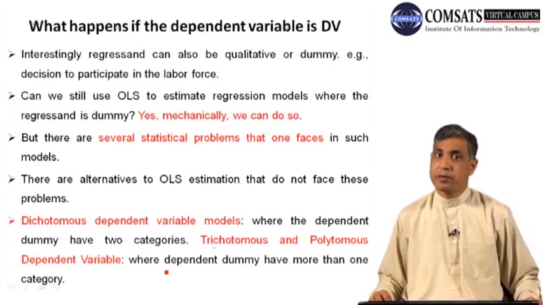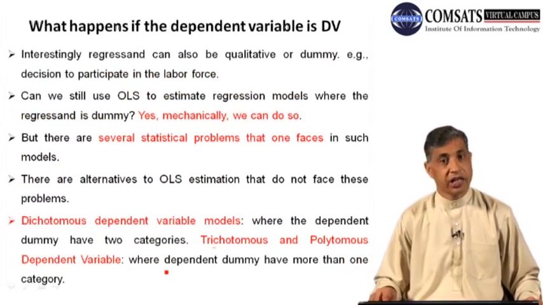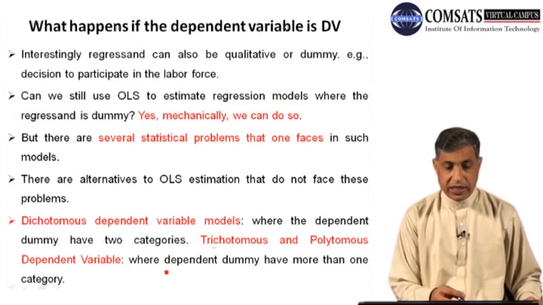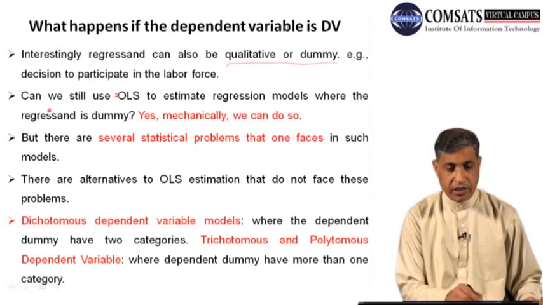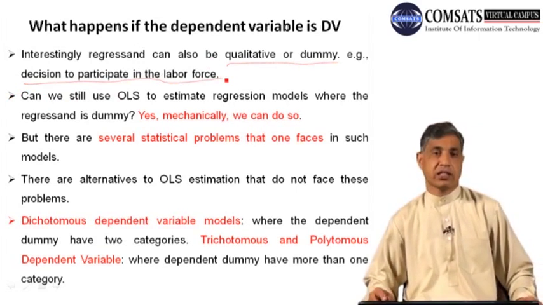What happens if the dependent variable is a dummy variable? Interestingly, the regressant can be qualitative or a dummy, for example the decision to participate in the labor force. This is our first example.